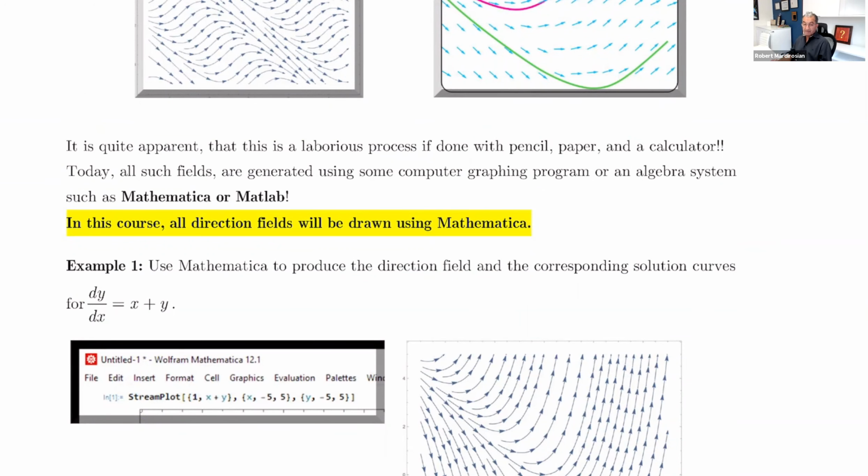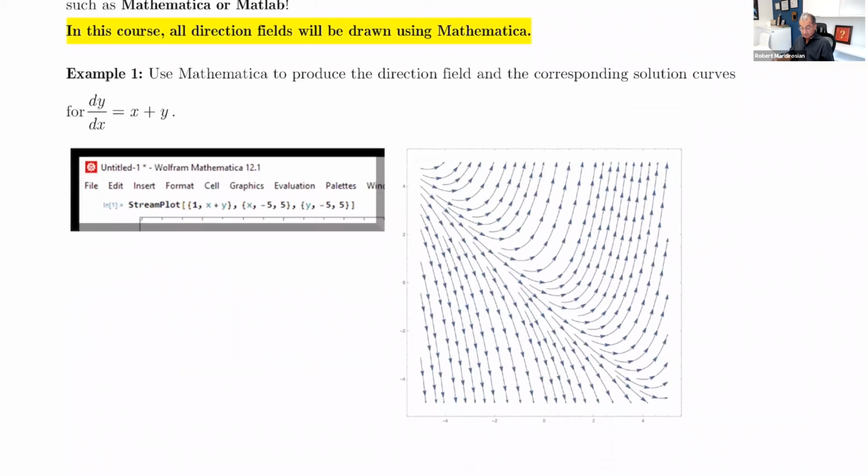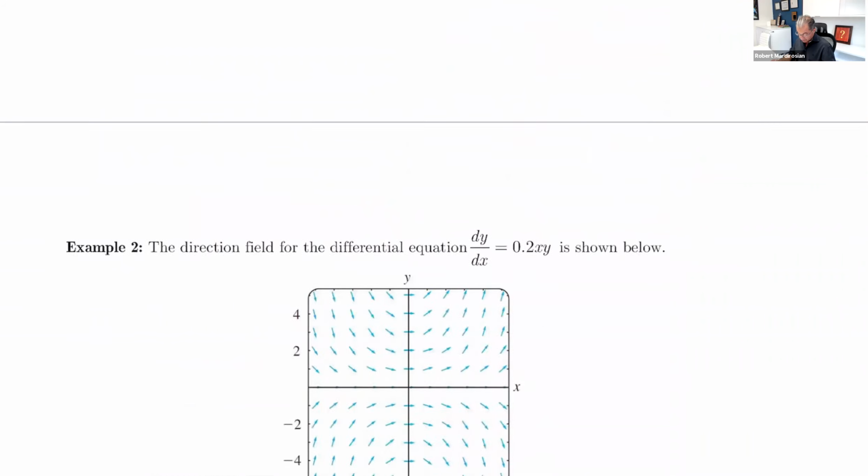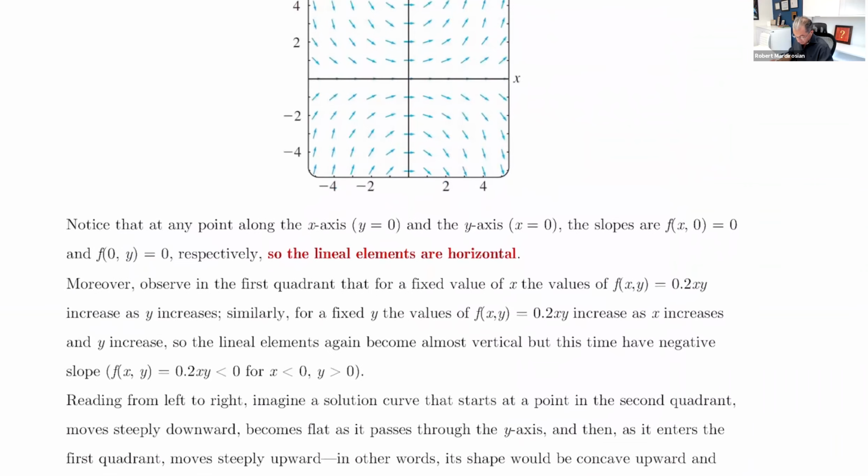If you have Mathematica, try it yourself and get an idea of how that works. Nowadays nobody does that by hand, and I won't give you a problem to solve by hand on the exam. However, get the idea and understand the concept of direction field. Please try some homework problems if you have Mathematica.